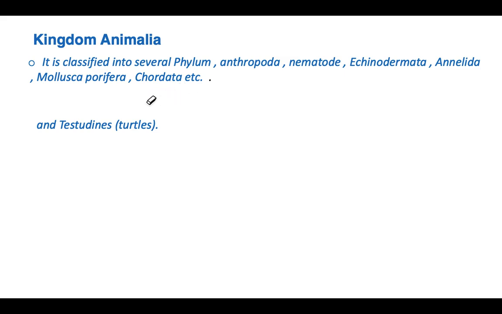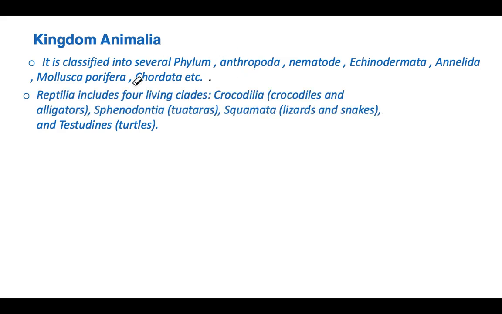So these are the phyla present in Animalia. Now we can look at the actual phylum. We have Reptilia. Reptilia includes crocodiles, crocodilia as they call it, and alligators. Some are extinct.